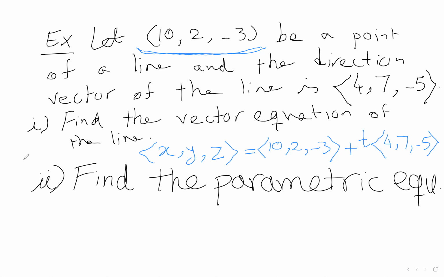So for the parametric equation, I need to find what x, y, z are in terms of t.